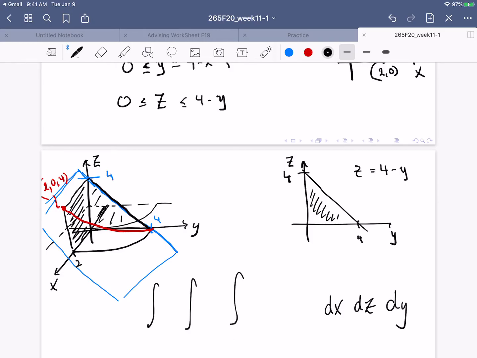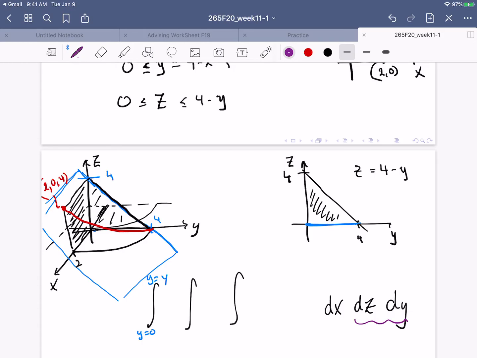Okay, first up is y. The bounds for y are going to be numbers. So we can see that y goes from 0 to 4. Next is z.